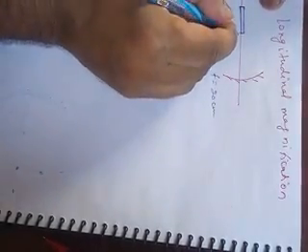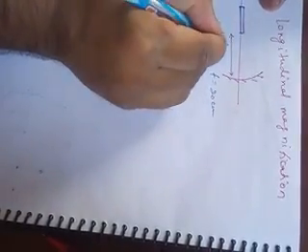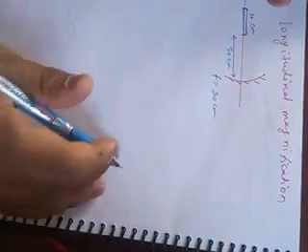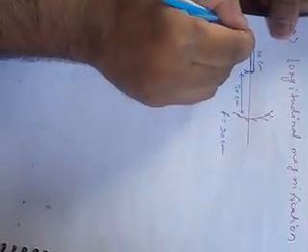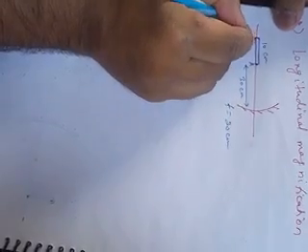Suppose we have a rod like this. So the rod is completely lying on the principal axis. This distance is 30 centimeter and the length of the rod is 10 centimeter. We need to find the longitudinal magnification. So for longitudinal magnification, give the name A and this will be B, right?